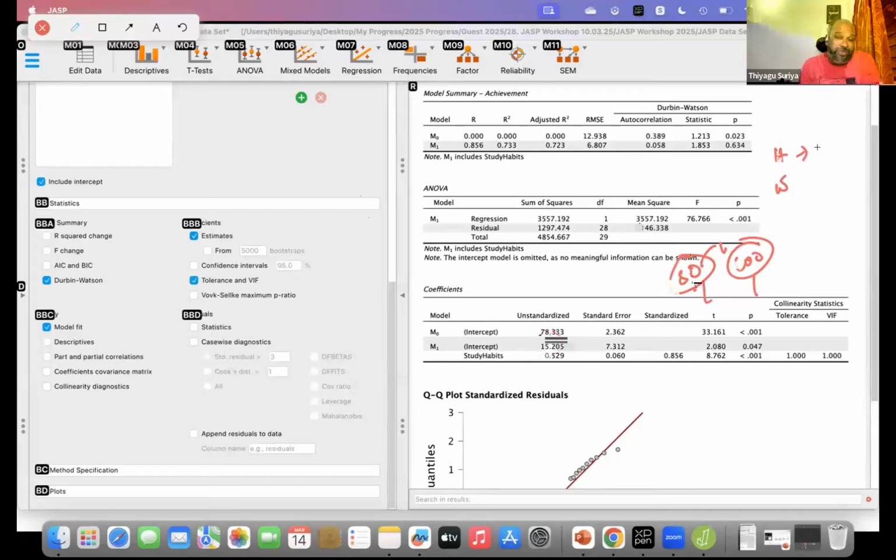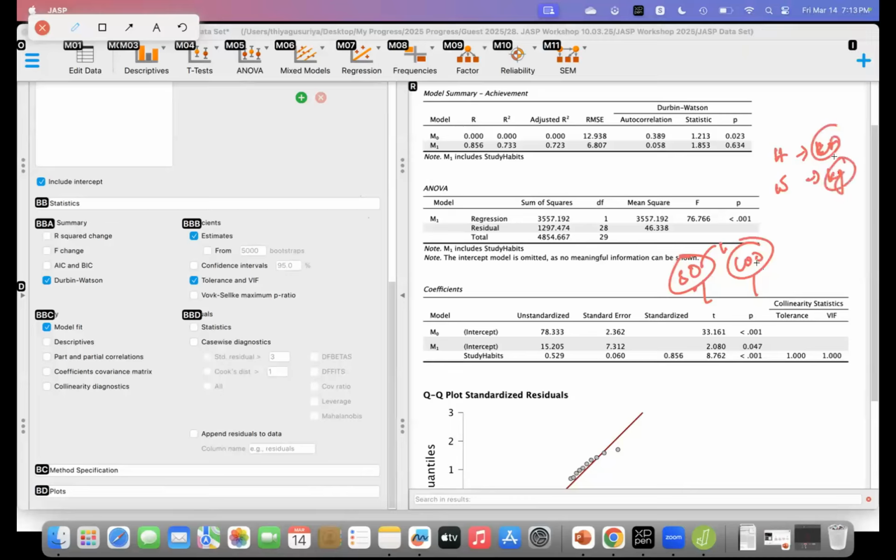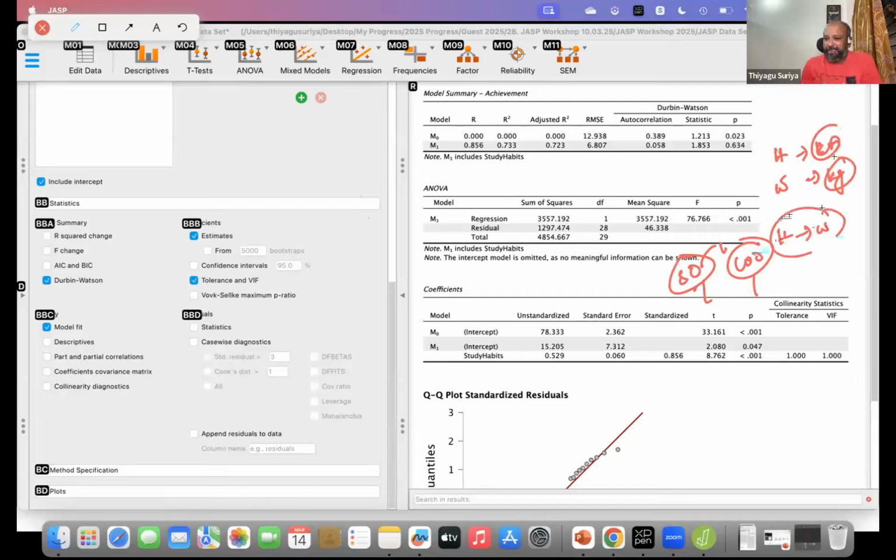For example, I have height and weight. Height is measured in centimeters. Weight is measured in kilograms. Suppose I want to compare height and weight. Can I compare? Height is a raw score, weight is a raw score. They are unstandardized because they have different scales of measurement.